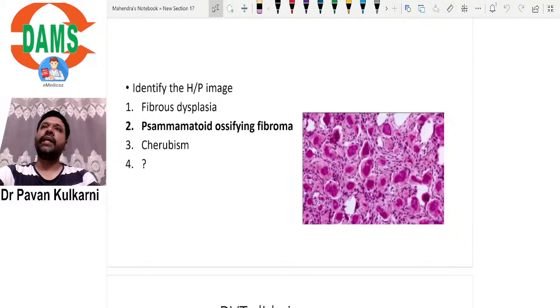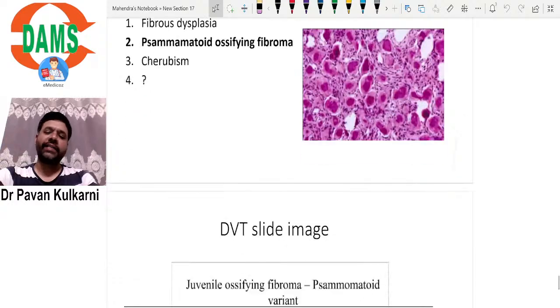Ossifying fibroma is basically of two types, psammomatoid type and trabecular type. What is this round? That is nothing but bone. If the bone is present round like this, we call it psammomatoid type. If the bone is present like trabeculae, you call it trabecular ossifying fibroma. This is a psammomatoid ossifying fibroma.